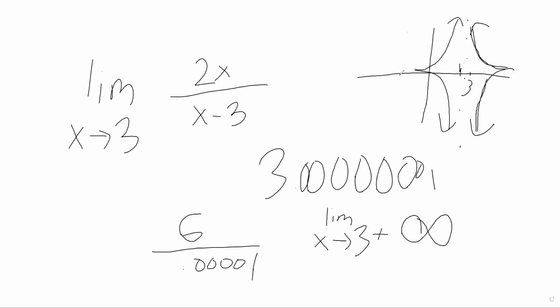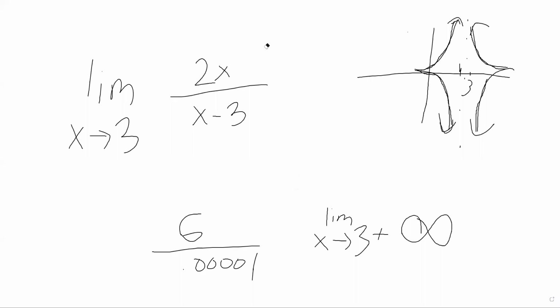Now we can test the other side: the limit as x approaches 3 from the negative direction. Again, it could go up like this, or it could go down like this. If it goes up, it's infinity. If it goes down, it's negative infinity. Since we're coming from the left, we try a number just smaller than 3, like 2.999999. 2 times 2.9999999 is going to be 6, looking at the top where it says 2x.